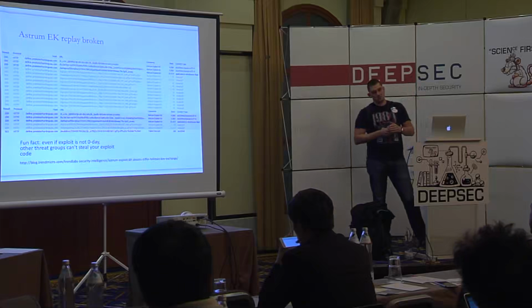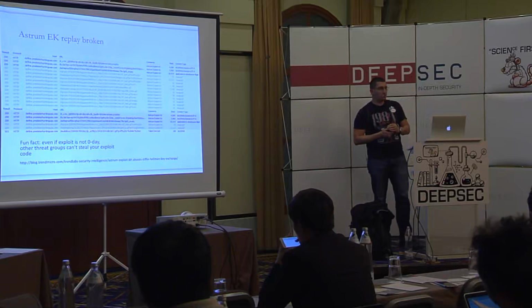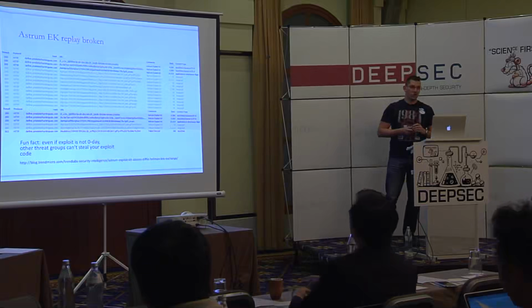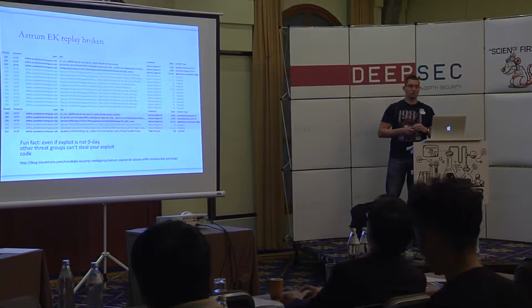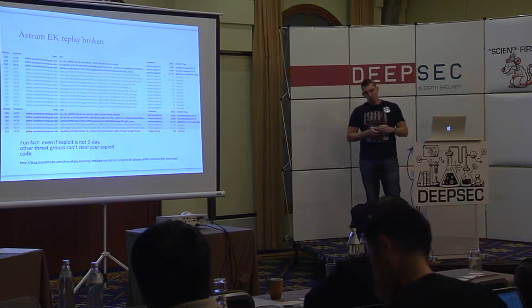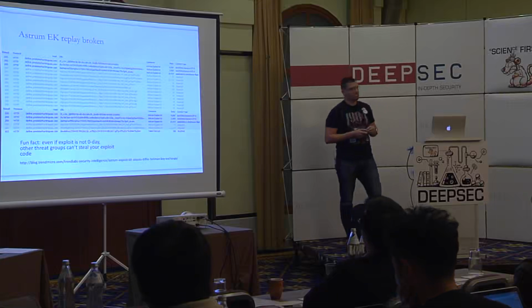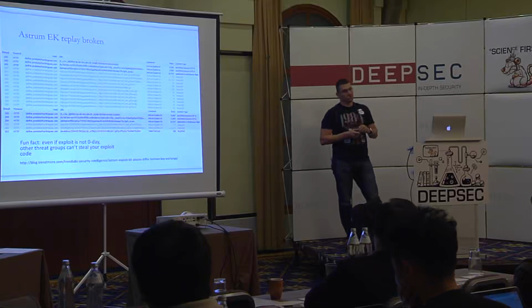And it is pretty funny, because it turned out that the Ostrom exploit kit group didn't use this encrypted exploit delivery to hide the exploit code because it was a 0-day. They are hiding it because they are the only group who were able to develop exploit code for this already known and patched vulnerability.